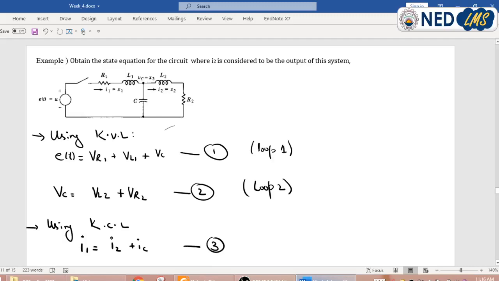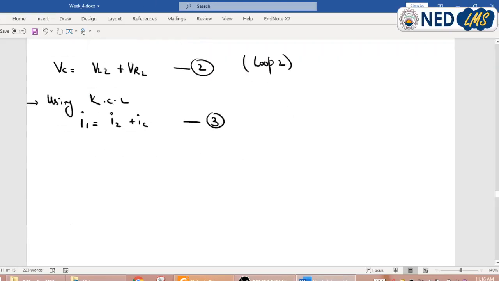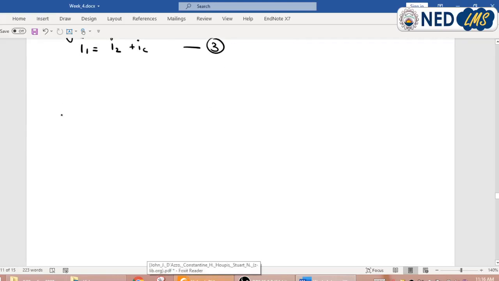Here we have three energy storing elements, that is L1, L2 and the capacitor. Inductor stores energy by virtue of current, so we have I1 as a state variable, the second state will be I2, and the third state variable is the capacitor voltage, which is VC. So let's define the state variables. Here we have three state variables.